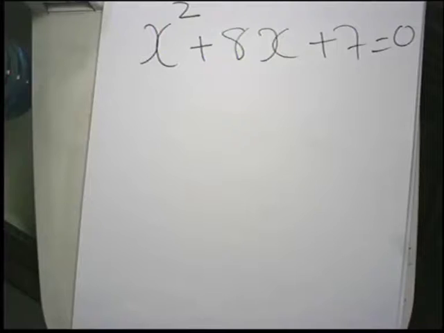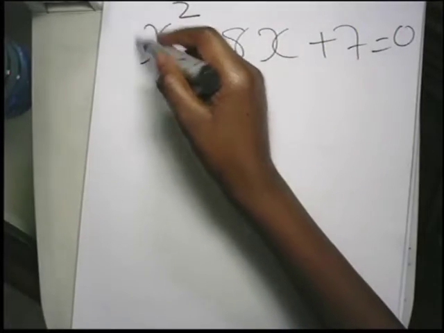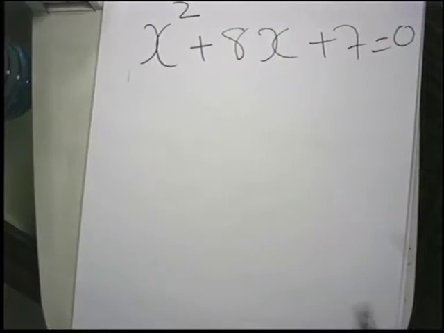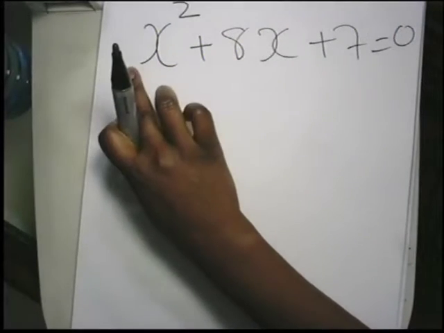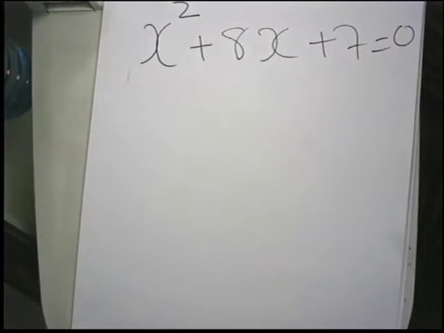This is quadratic because the highest power is 2, and the coefficient in front of x to the power of 2, which is a 1 that we don't write, is known as a. Now a in this case is equal to 1, and our b is equal to 8, and then c, which is a constant, is equal to 7.